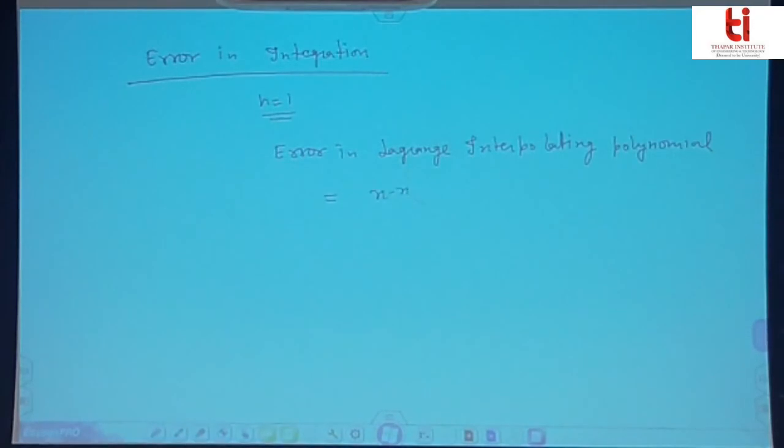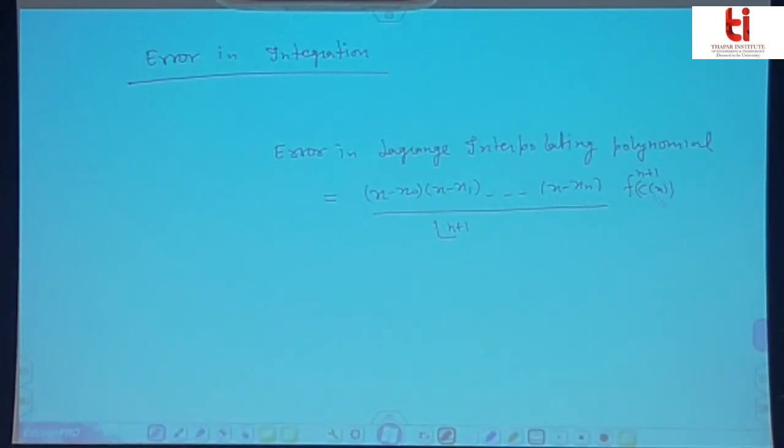That is x minus x0, x minus x1. Let us write the general formula: x minus xn upon factorial n plus 1, f of n plus 1 at c. You can say c; c will depend on the interval.